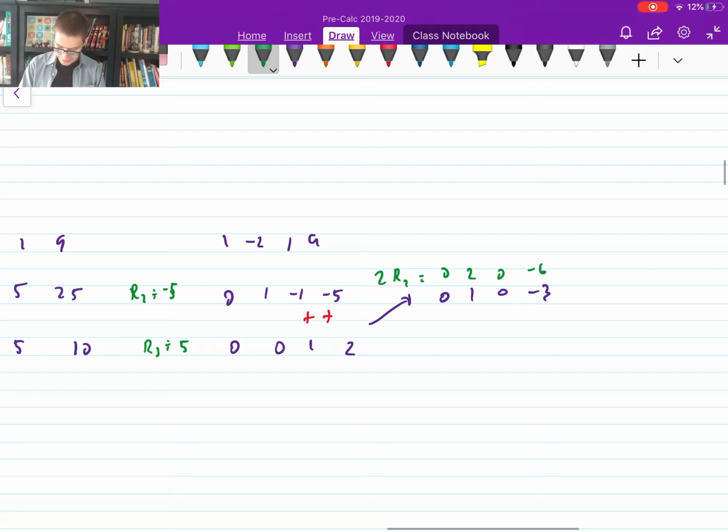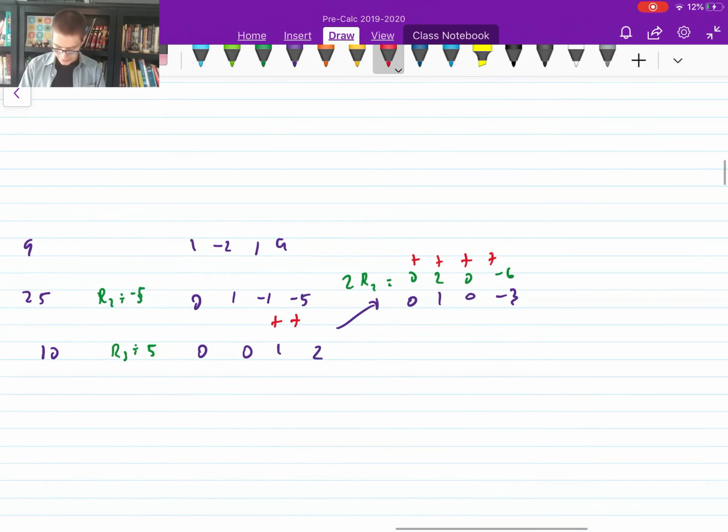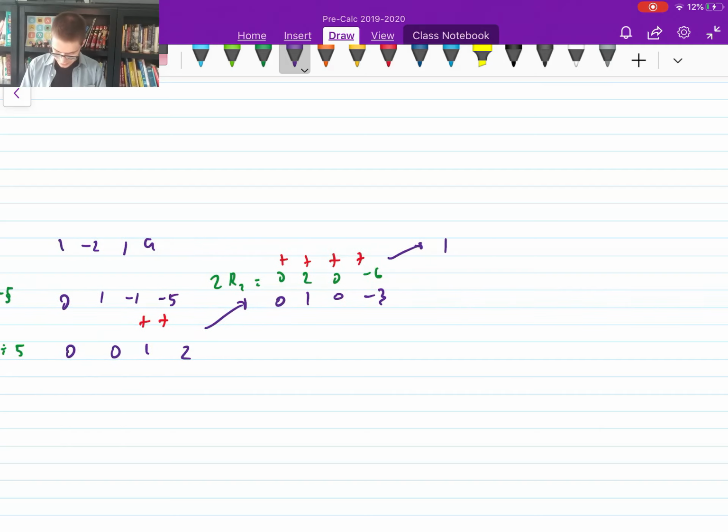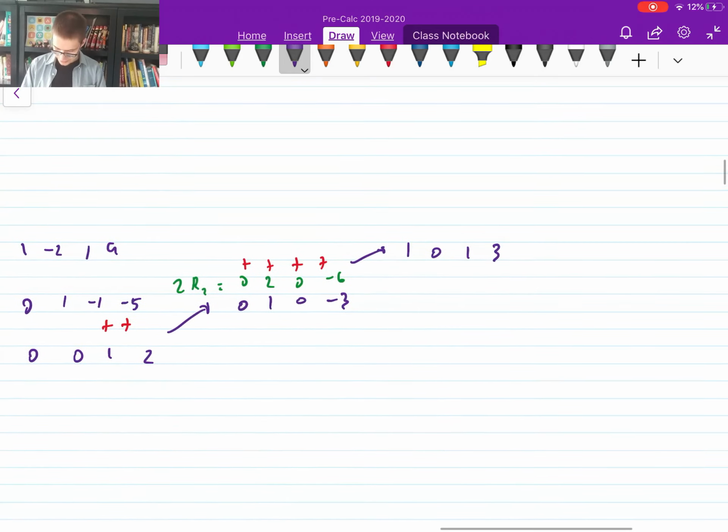And I can add that to the top one, and that gives us, bring it to the top, 0, 1, 0, and then 1, and then 9 plus -6 is 3. Am I doing that right? Yes, I am. Okay, cool. Great. So 0, 1, 0, -3.